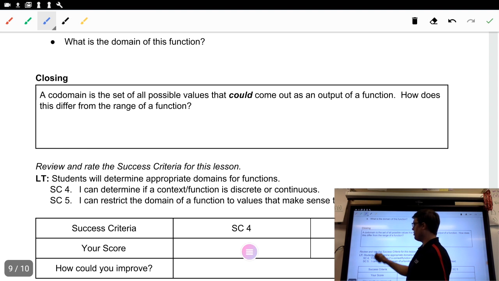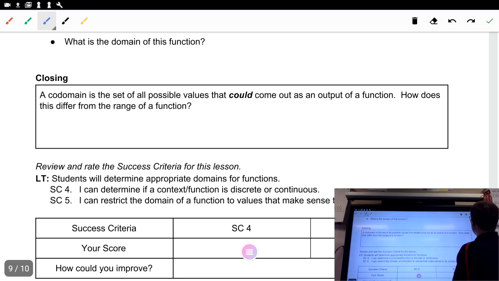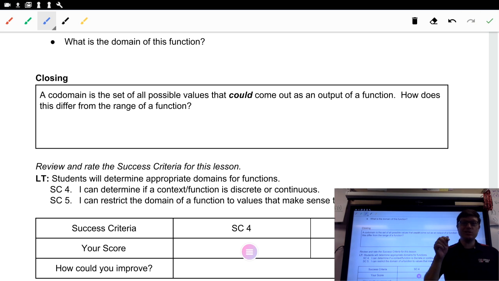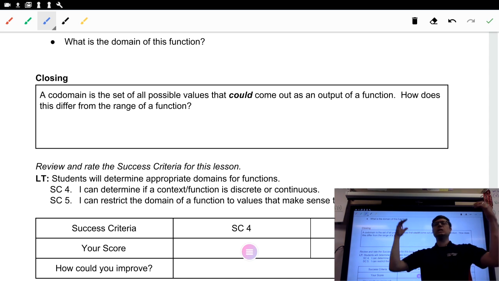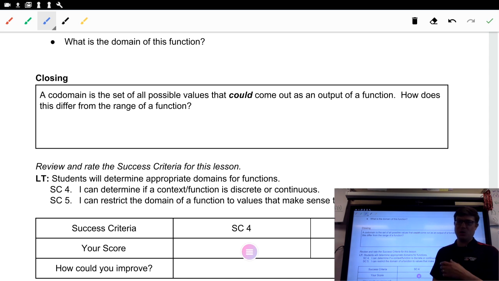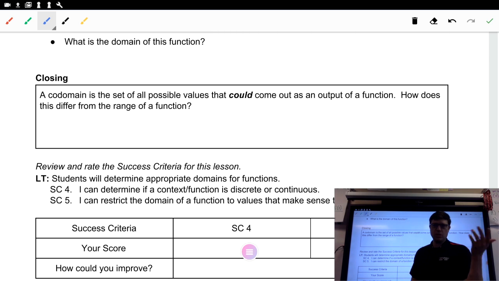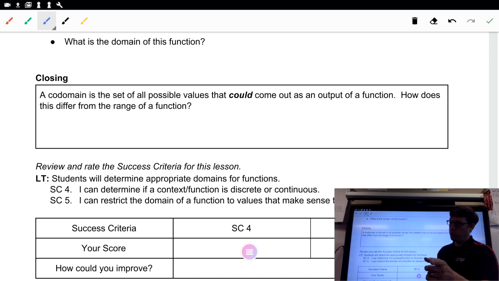Range is the only thing we really need to worry about, but I just want you to be aware. Sometimes an output is just ludicrously not possible. So having 1 million calories because you ate 10,000 candy bars, no, that doesn't happen. It could, but it won't.